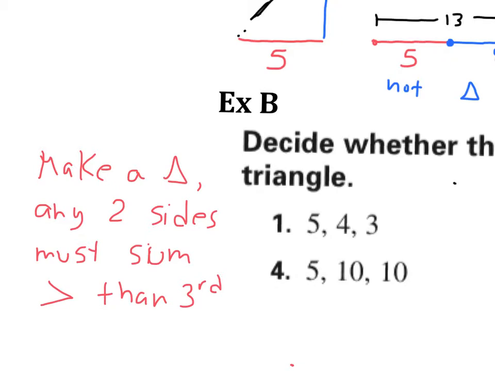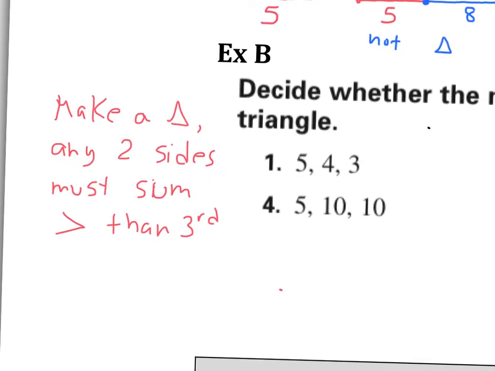It actually never matters which two sides you choose, but you do have to check them all. What I like to do is just check the smallest two sides and make sure their sum is bigger than the largest.